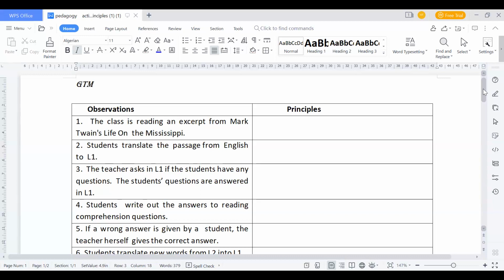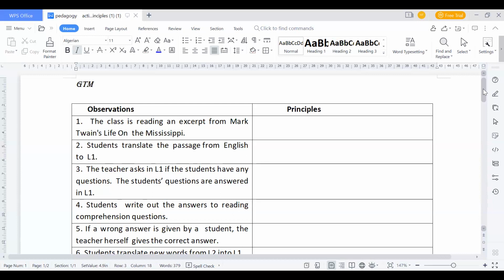Very good. Second one, can one of you read it quickly? Students translate the passage from English to L1. Quickly tell why. What's the underlying principle? Translation is the role of the student, madam.